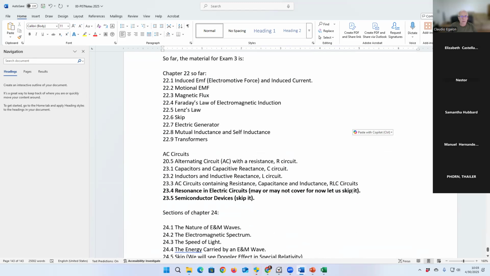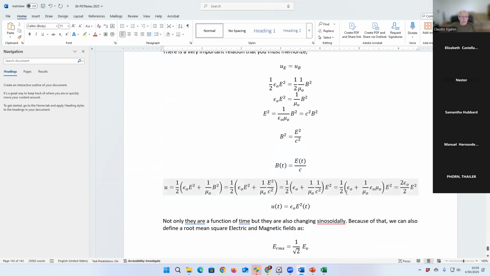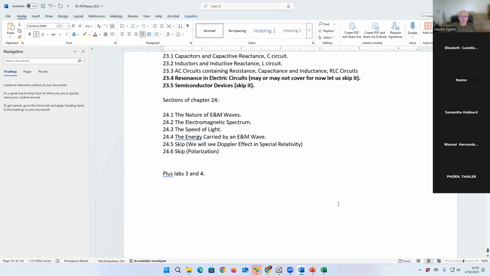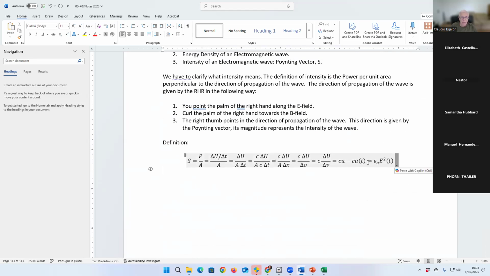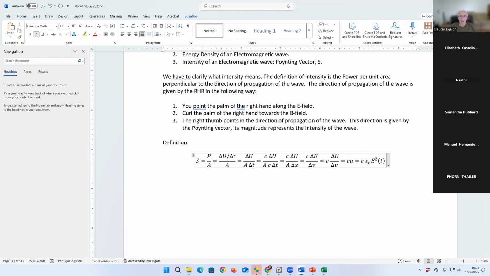Let's go back here, the energy density. The energy density of the wave is this one right in here, proportional to the square of the electric field. u equals c epsilon naught E squared, as a function of time, right?